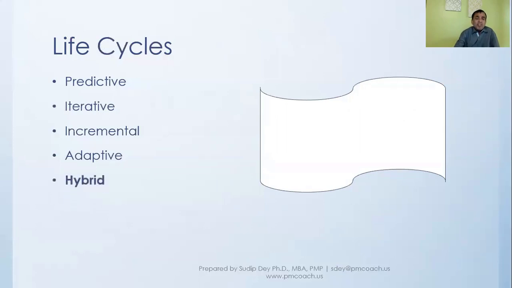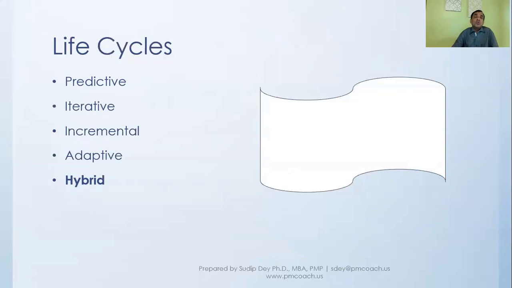We also have something called hybrid, because a lot of times what you'll find in a project, there will be phases where you might want to use what you call the predictive methodology, because you know exactly what needs to be done.